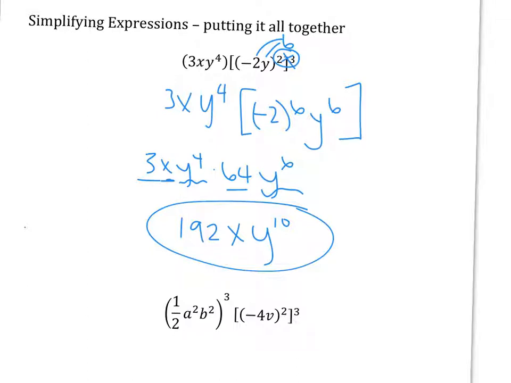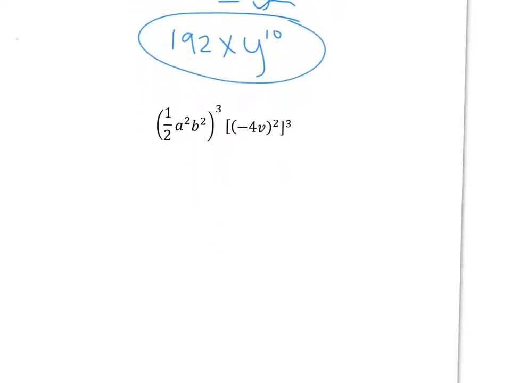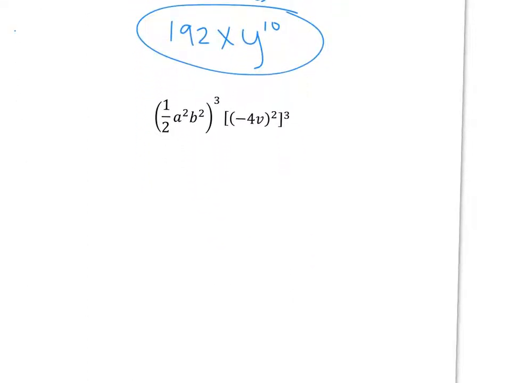All right, let's look at this last one. I have a lot more going on here. And distribute that 3 to everything inside the parentheses. 1 cubed is 1, 2 cubed is 8. A to the 6th, b to the 6th. Change this 2 and 3, make that a 6. Distribute the 6. So negative 4 to the 6th is 4,096.